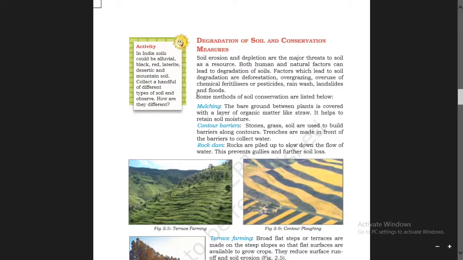Deforestation means cutting down of trees, overgrazing means to graze animals excessively, overuse of chemical fertilizers means using chemical fertilizers excessively, or pesticides.